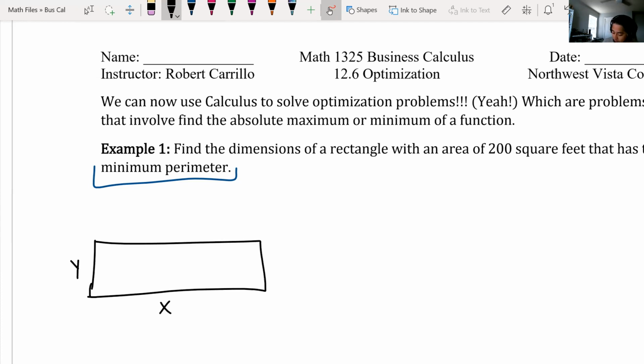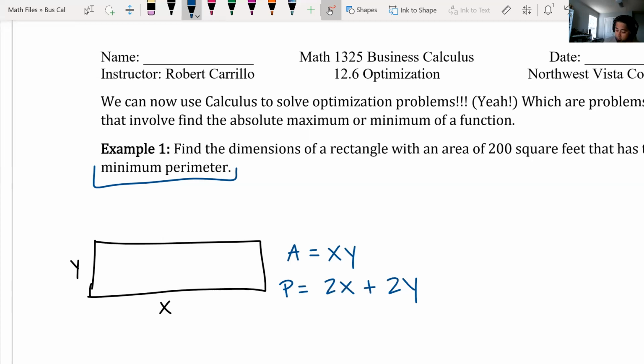For a rectangle, area is length times width, or in this case x times y. And since we have to minimize the perimeter, the perimeter of a rectangle is 2 times the length plus 2 times the width.